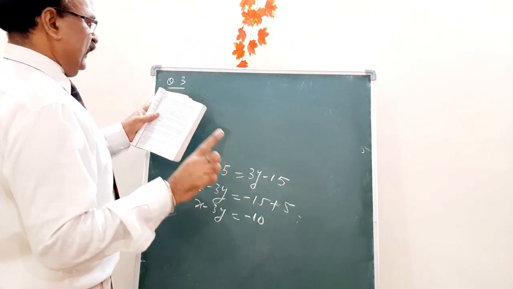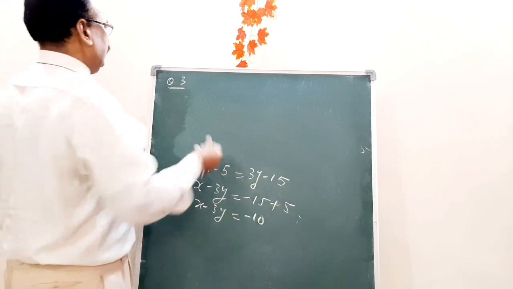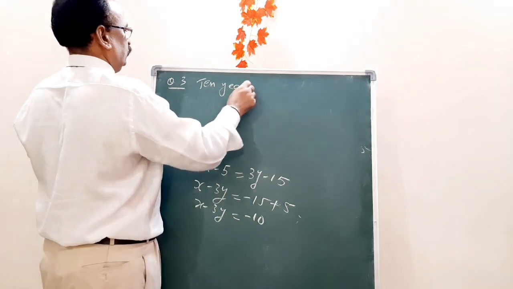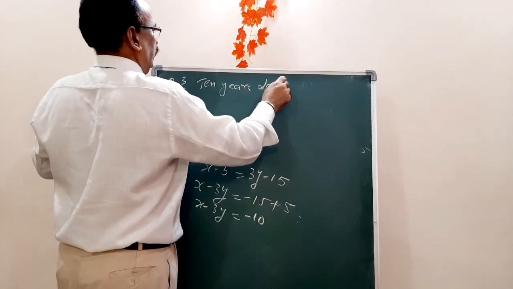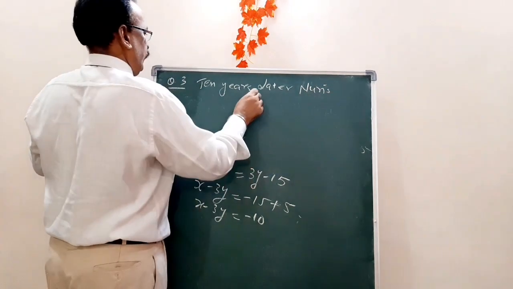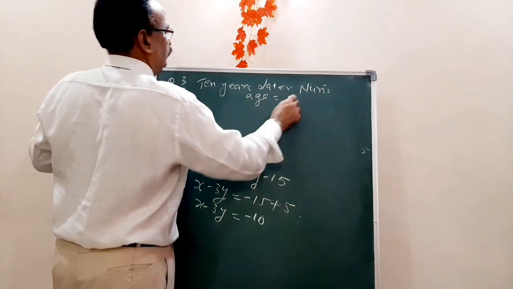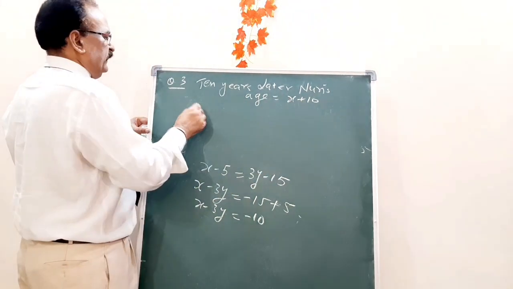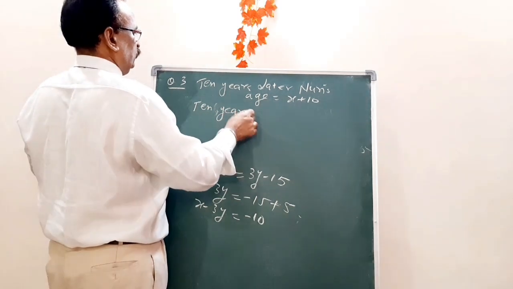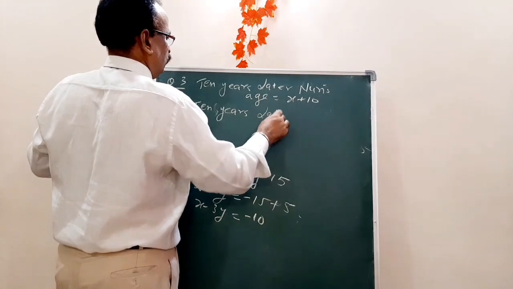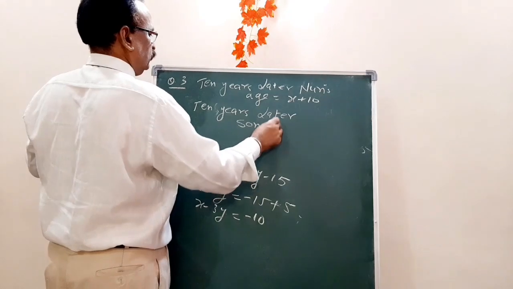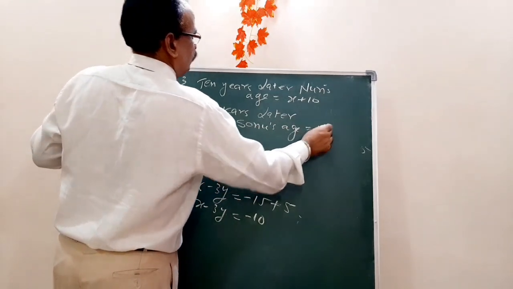जैसे जैसे समय बीतता गया, 10 साल बाद, 10 years later, Nuri's age is equal to x plus 10, and 10 years later Sonu's age is equal to y plus 10.